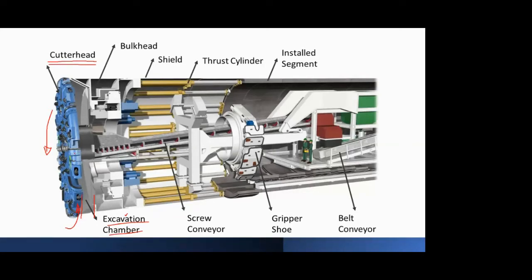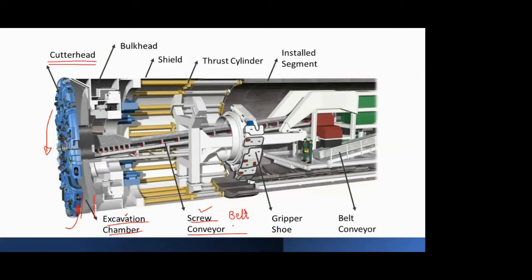The process of taking out that muck is done mainly by a screw conveyor. Now here you have an option. Depending on the type of soil or what kind of material you are going to encounter, the conveyor system changes. So it can be a screw conveyor, it can also be a belt conveyor.